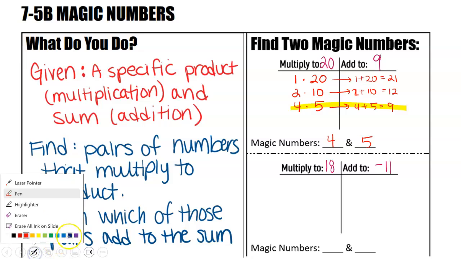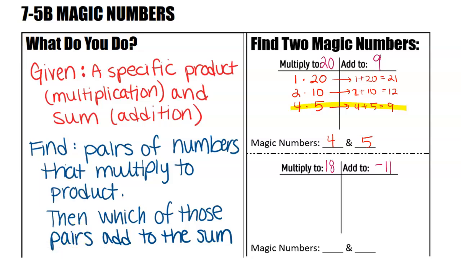Okay, let's look at a little bit trickier one. We need two numbers that multiply to 18 and add to negative 11. I'm going to start systematically writing down my factor pairs. So 1 times 18, then 2 times 9, then 3 times 6, then 4 times, well, 4 doesn't go into 18, so I'm not going to write that one. 5's not going to go into 18, and then 6 works, but I already wrote 6 down in my list, so I'm going to stop there.